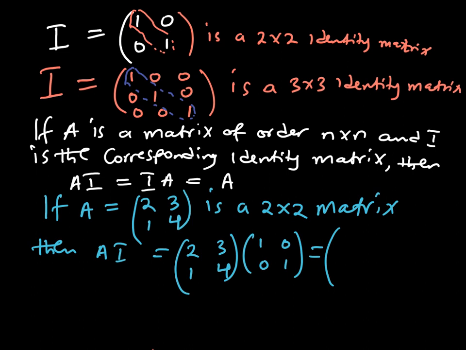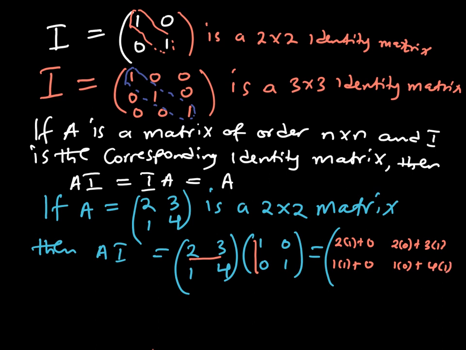Multiply row by column. This row is going to multiply with this column. So we have 2 times 1 plus 3 times 0, which is 0. So I have 1 times 1, then plus 4 times 0, which is 0. Then I have 2 times 0, which is 0, plus 3 times 1, which is 3. Then I will have 1 times 0, which is 0, plus 4 times 1, which is 4.